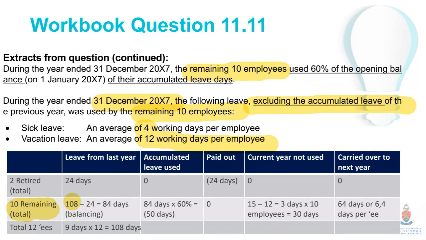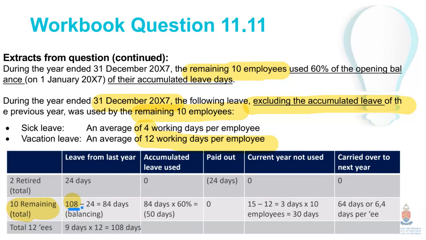But then we were told that the actual number of days for 2 of these employees, not the average, is 24. So what is the remainder that is left over for the 10 employees that stayed employed? We need to say it's 108 that we calculated just now, the blue line.